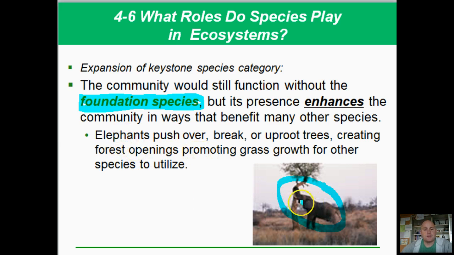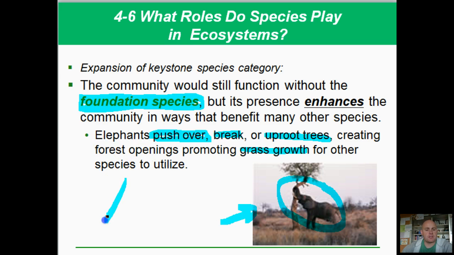But elephants push over and break and uproot trees. And this creates openings or holes in the forest. And that promotes grass growth and other species that don't like forest areas, they like open plains. And so they provide an important role in enhancing the community and the diversity of the creatures that can live there. And so that's what makes it a foundation species.